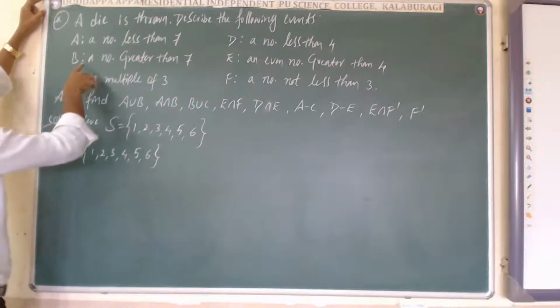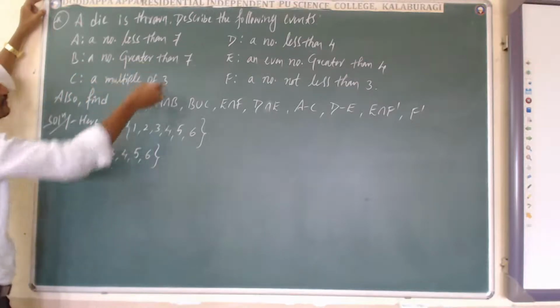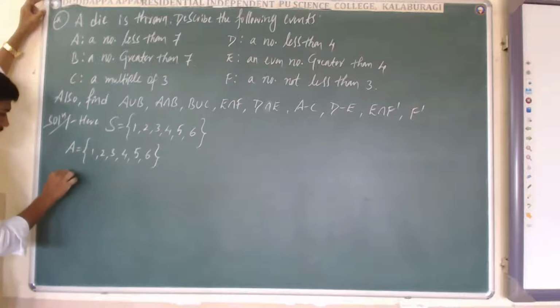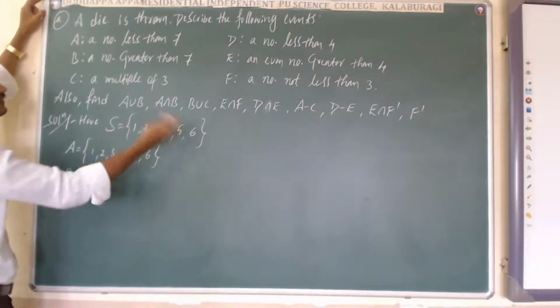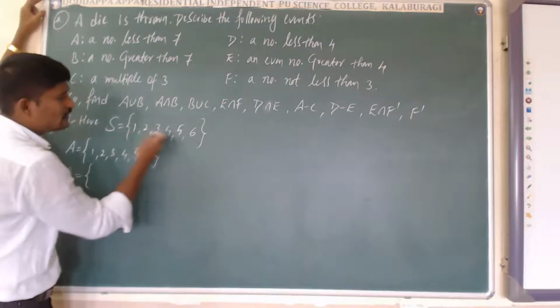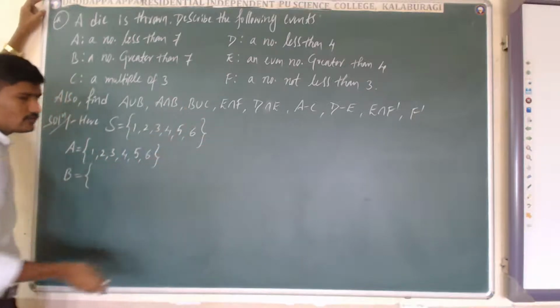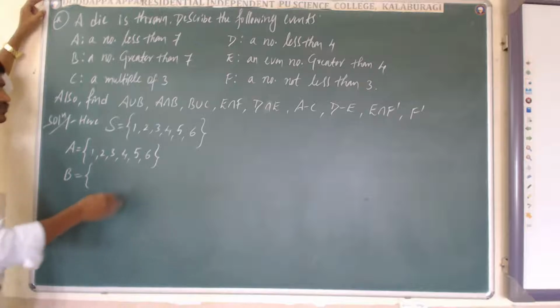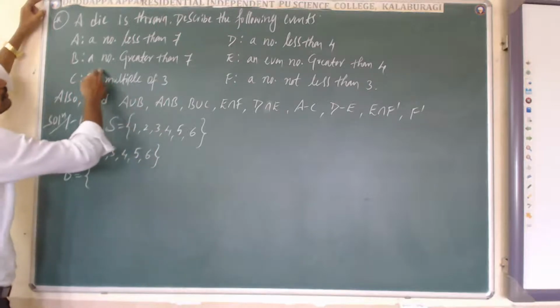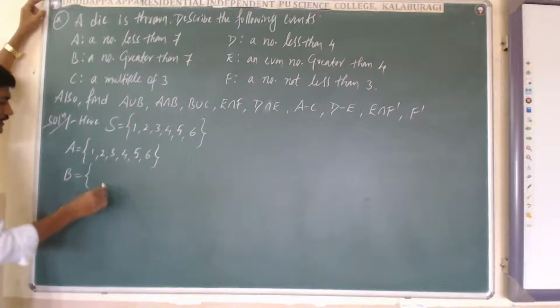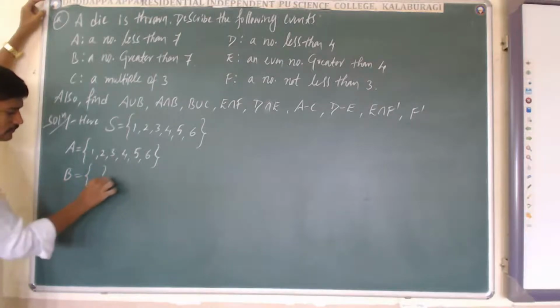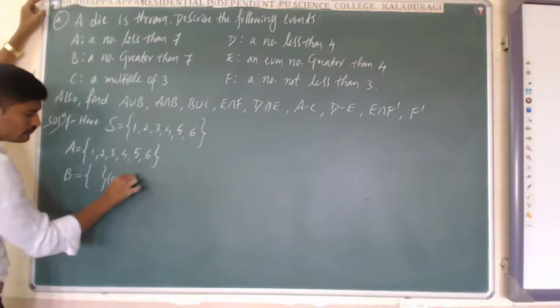Next, B. A number greater than 7 is given. Dear students, greater than 7. In the sample space there is no number more than 6. So there is not that type of number. So that's why we will write an empty set.